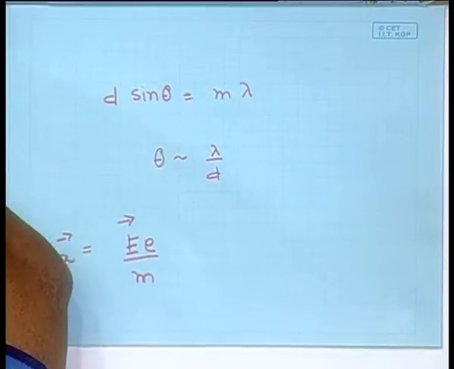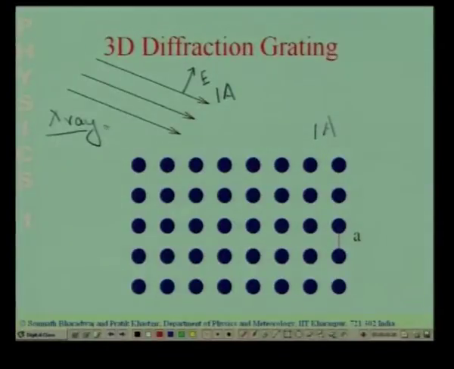So, if I have electromagnetic radiation of frequency nu incident on this solid, on this crystal, the electrons inside are going to radiate at the frequency nu.